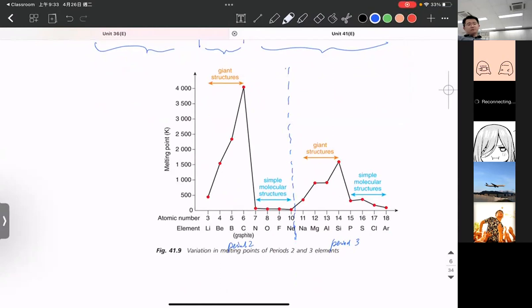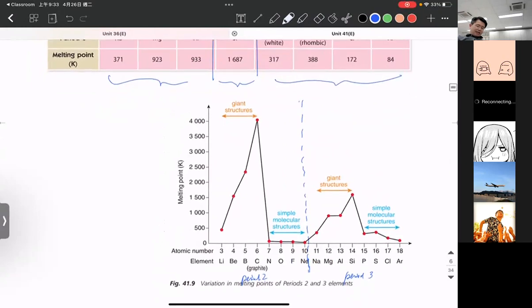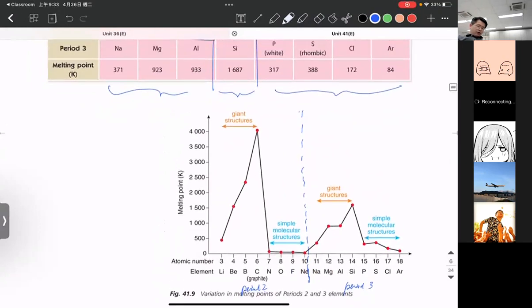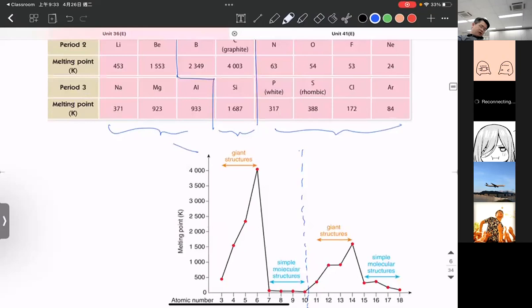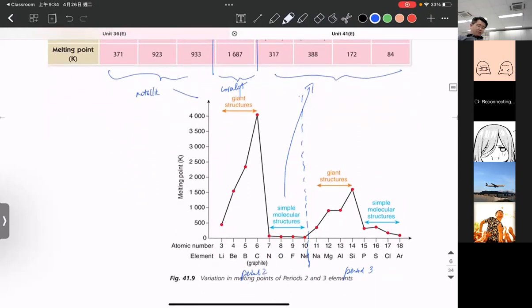They seem like a similar structure, right? Very similar. Can you see that? Climbing up, down, climbing up, down. While those on the right hand side are the giant structure. But of course, if you separate further, we call them metallic and covalent respectively. While for the simple molecular structure, we mainly focus on the later half, on the right-hand side of the periodic table.